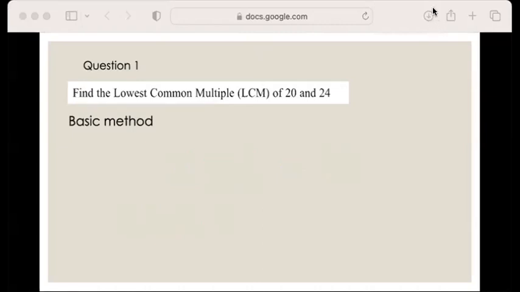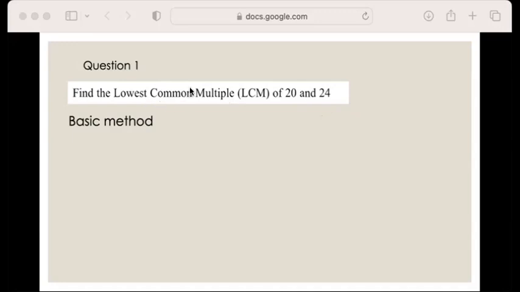Right, so to carry on with our discussion, I'm going to explain first of all the most basic method to figure out the lowest common multiple. Now, we have learned what a multiple is. So what is the lowest common multiple? For example, multiples of 20 are 20, 40, 60, and so on.